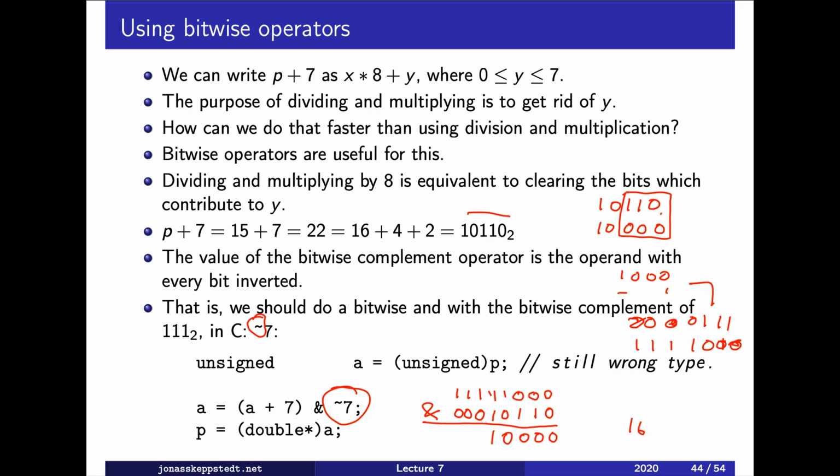Okay, so we are almost done. The only problem now is that we use the wrong type. And then the question is, is there a standard integer type that can hold all pointer values? Okay, yes there is.